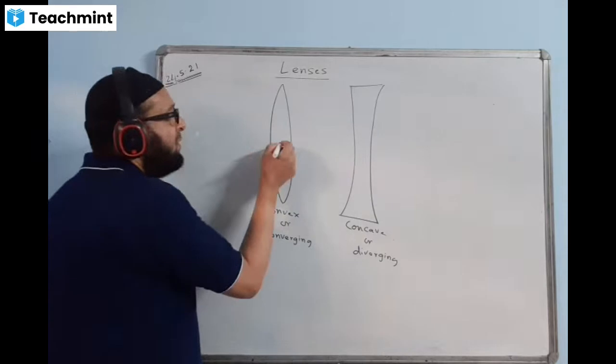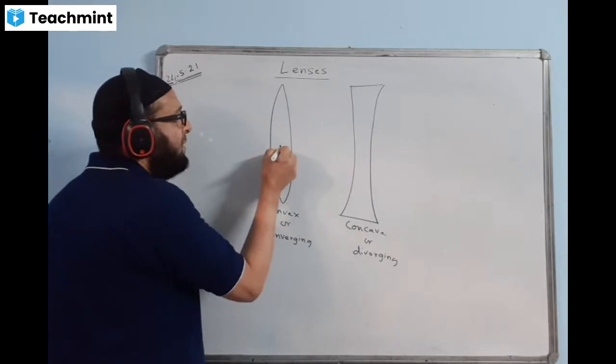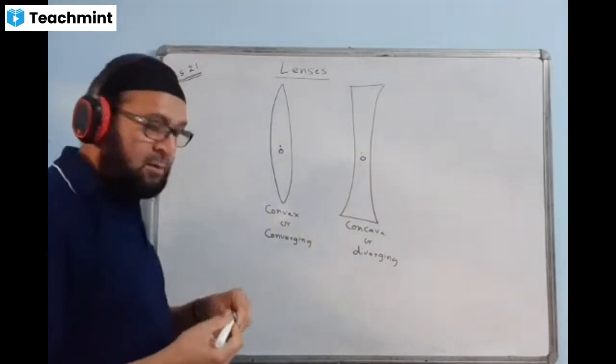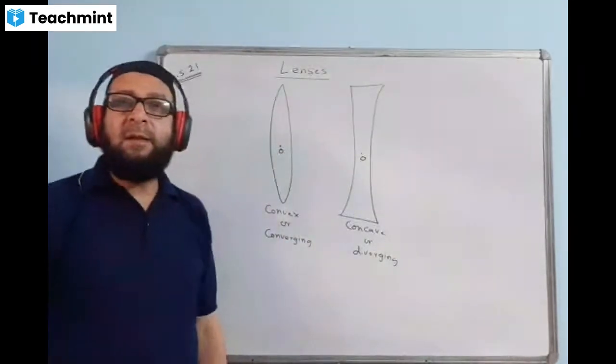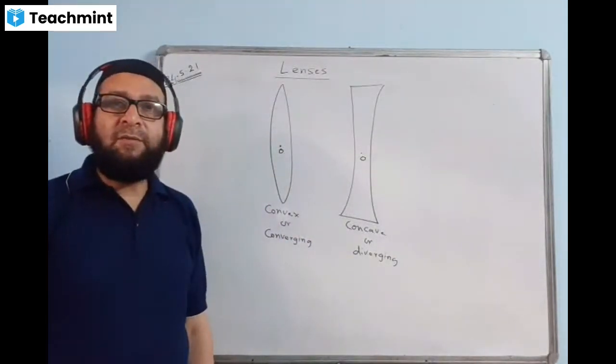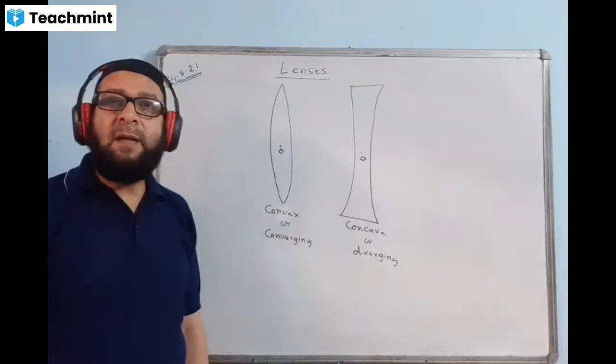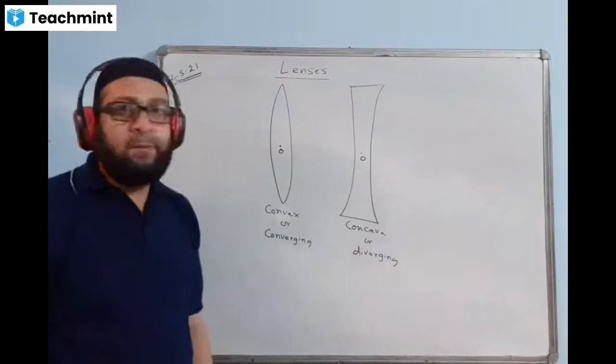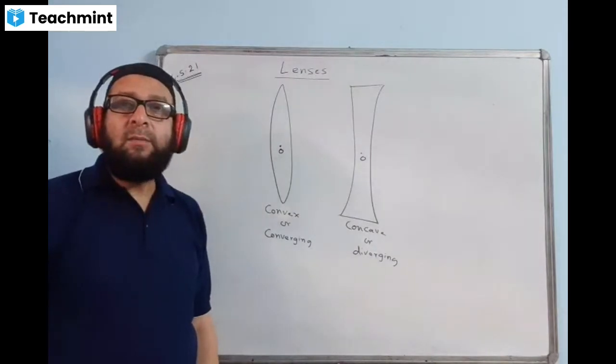In any lens, the geometric center of the lens is called the optical center, denoted by O. What is the property related to O?